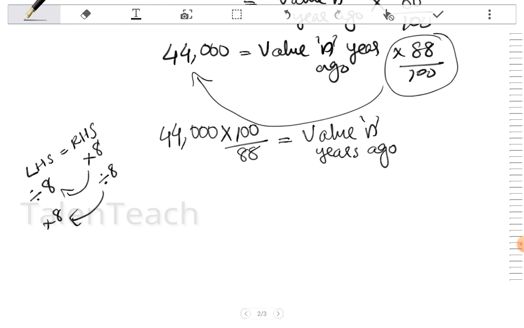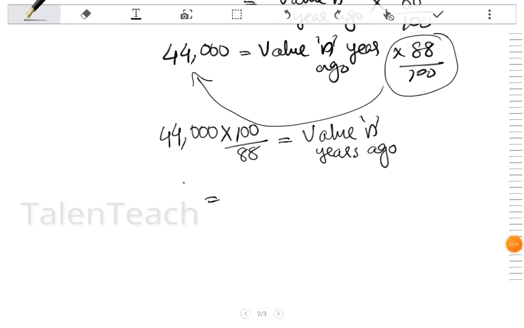The same way here it is into 88 and here it is divided by 100. So when we transpose it to the LHS, into 88 will be divided by 88 and divided by 100 will be into 100.